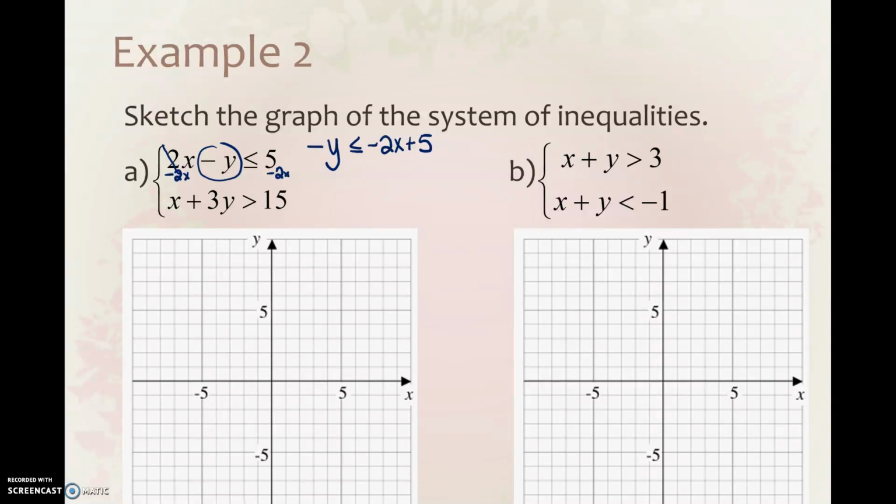How do we get rid of that negative? We have to divide by a -1. When we divide by a -1, what happens with the inequality symbol? It flips. So we have y is greater than or equal to positive 2x minus 5.